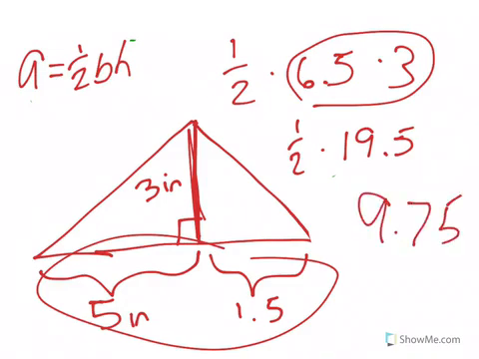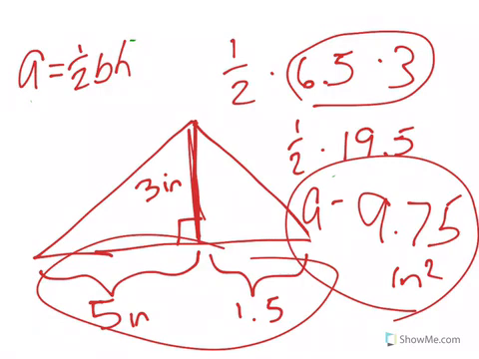9.75. And how I figure that out is I know half of 18 is 9. And then to get from 18 to 19.5, you have 1.5. So half of that is 0.75. So area would be 9.75 inches squared. Gosh, I can't write today. So it's the exact same answer.